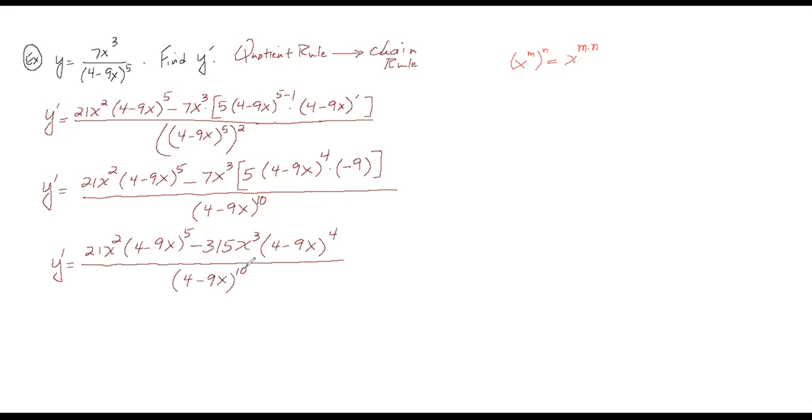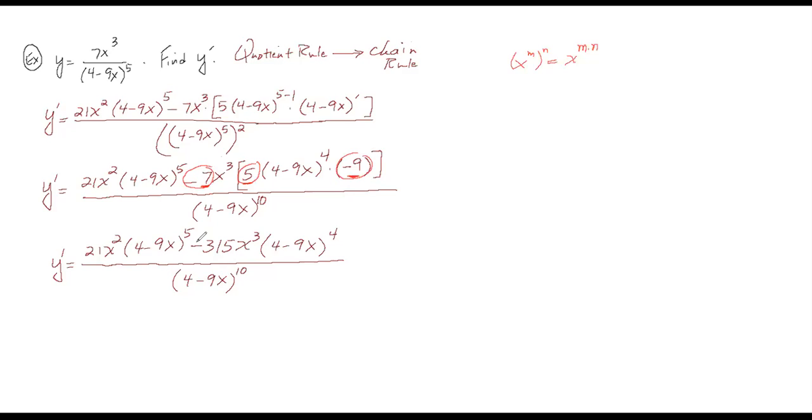All right, so my question is, I have a question. What did you do with the negative 9 at the end? I multiplied negative 7 by 5, and I multiplied it by negative 9. I multiplied the three numbers together. And that's how I ended up.